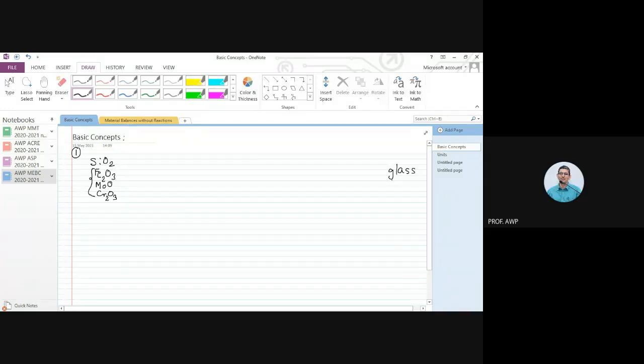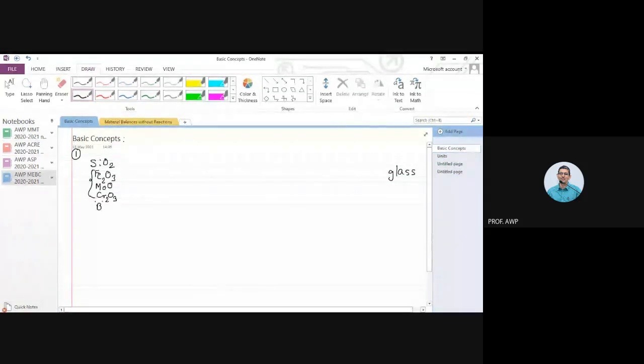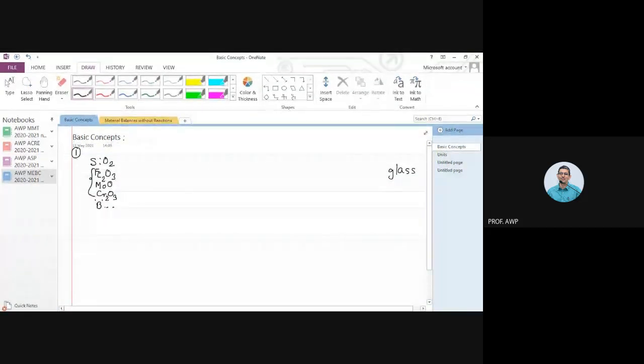Glass is a dash dash silicate. A borosilicate, right? So along with that you need a boron source. I'm just writing B. You can have any compound of boron. It can be boric acid.